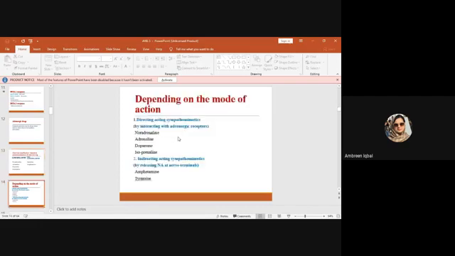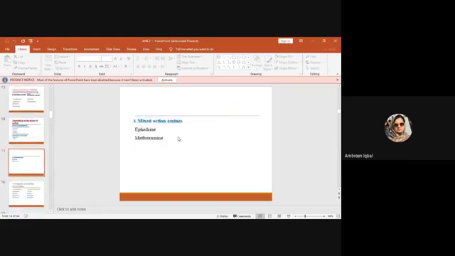Then we have another classification based on the mode of action: those that act directly on the sympathetic system, those that act indirectly by releasing noradrenaline at nerve terminals, or both, that have mixed action, indirectly or directly. Directly acting drugs are almost all catecholamines: noradrenaline, adrenaline, isoprenaline, and dopamine. Indirectly acting are amphetamine and tyramine, and the third, mixed, are ephedrine and methoxamine.